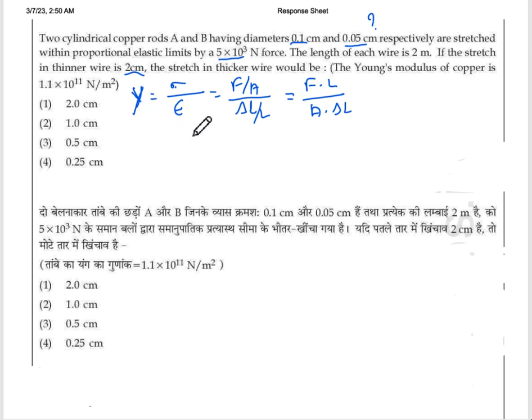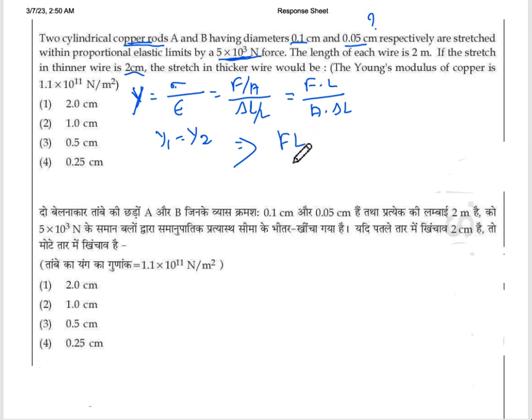As the question is given, in both the cases the force is the same and the material is the same, made from copper, so Y is the same. So I can say Y1 equals Y2.